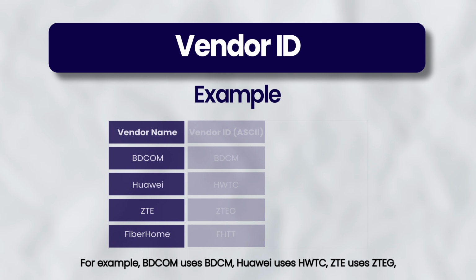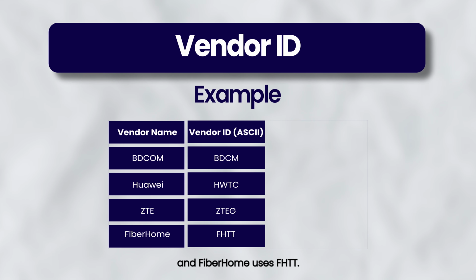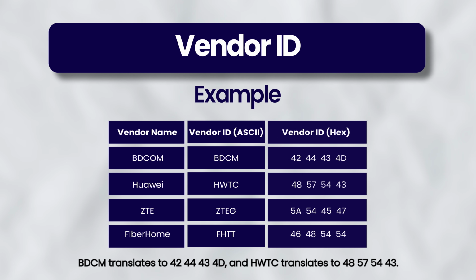For example, BDCOM uses BDCM, Huawei uses HWTC, ZTE uses ZTEG, and FiberHome uses FHTT. Each ASCII value also has a corresponding hexadecimal form. BDCM translates to 42444343 and HWTC translates to 48575443.